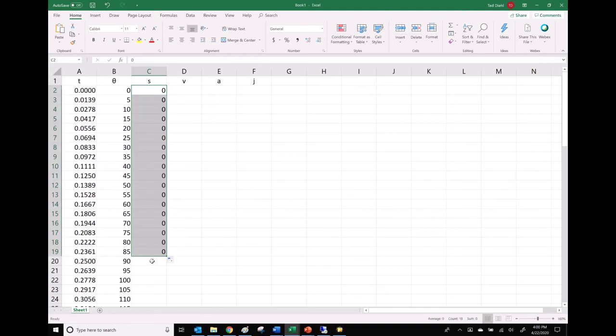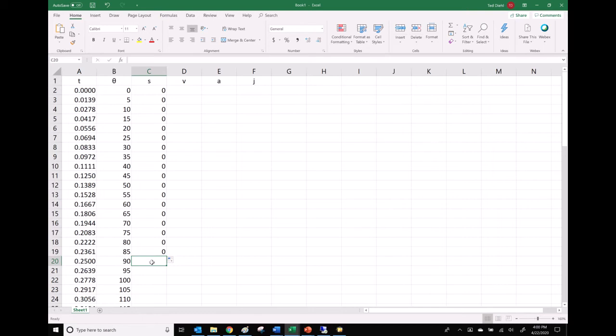All right, and so now in this cell, I'm going to use the formula S equals M theta plus B. So a linear rise. Where M is going to be 1 divided by 90, and B is going to be -1. I'll write out this equation right here.